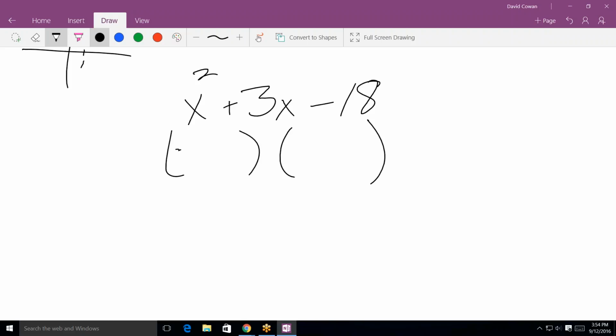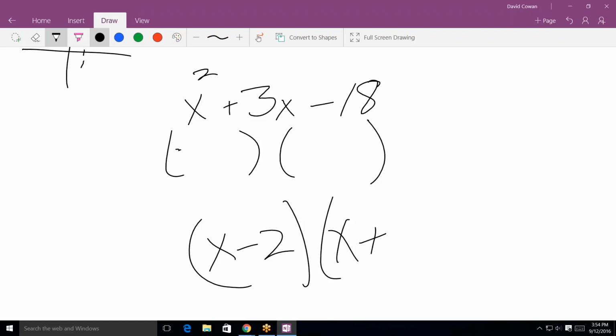In other words, here's what factoring is. Factoring is the reverse of multiplication. If I gave you two linear factors, x minus 2 times x plus 3, and said multiply that together, you would FOIL it, right?